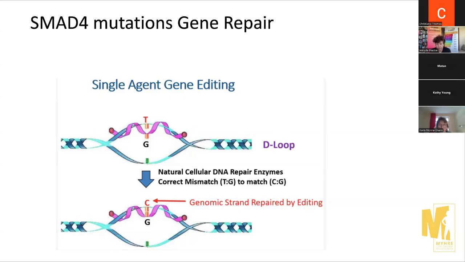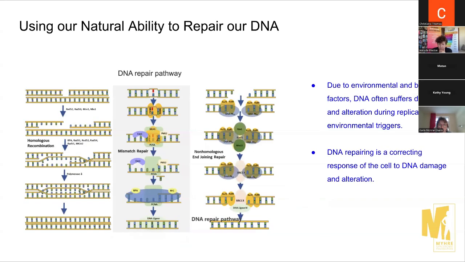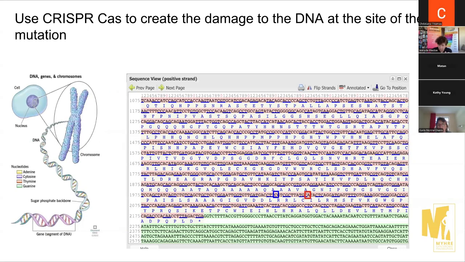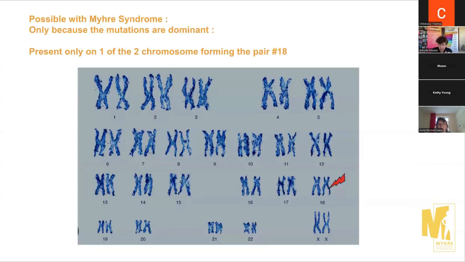So the thing we did is that, you remember last time we had a meeting, I explained that the mutation is only on one of the two chromosomes that you have. So the mutation is just on one of the two chromosome 18 for Myhre syndrome.